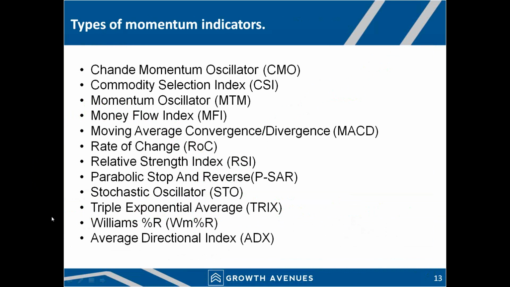What are the various types of momentum indicators? This is just to give you maybe 5 to 10% of them, because these are the most popular ones. We have the Chande momentum oscillator, the commodity selection index, the ROC, the MACD, parabolic SAR, stochastics, and the average directional index.